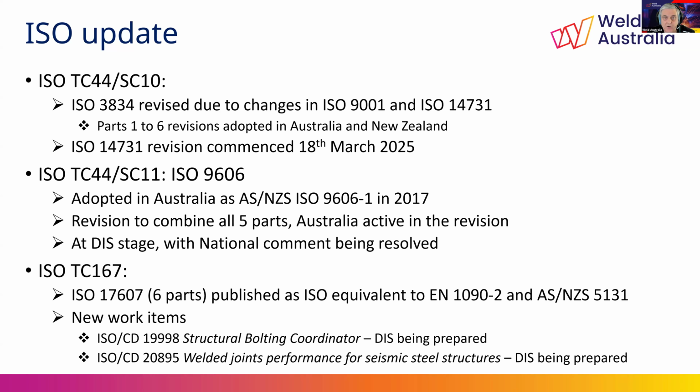Importantly, ISO took cognizance of the contents of this Australian standard during the development of the early drafts, and they've also instigated a new project for a structural welding bolting coordinator based on the principles of ISO 3834. Now, the proponents of the bolting supervisor of Part 2 of AS 2214 were well aware of this proposal and have taken cognizance of early drafts to ensure alignment.